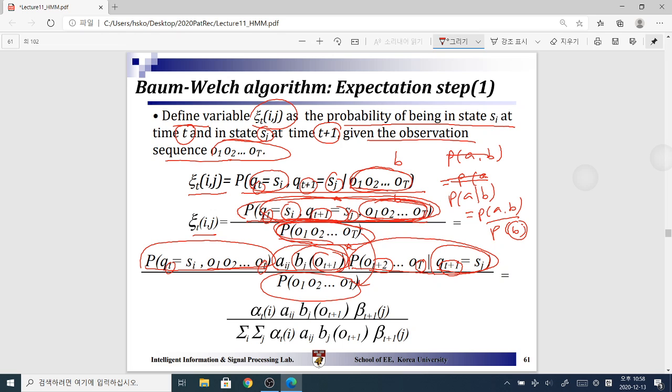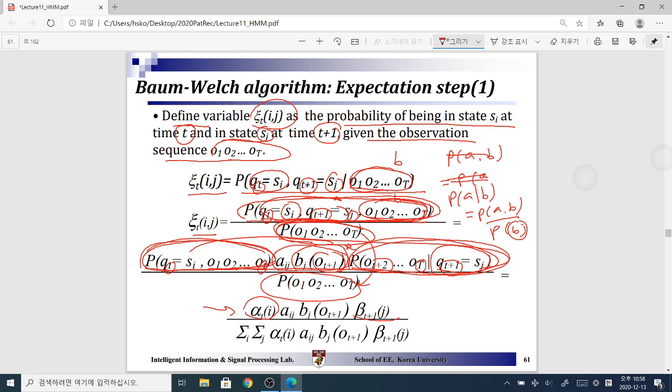The numerator is going to be simplified if you recognize that the first term is actually the dynamic programming's alpha sub t of i, which is the forward algorithm.